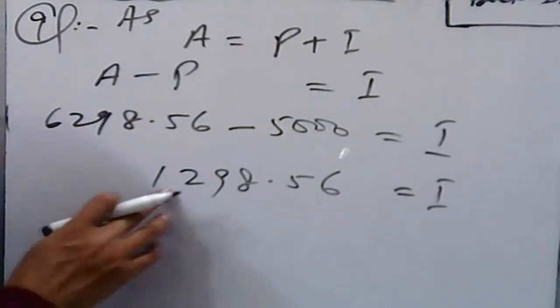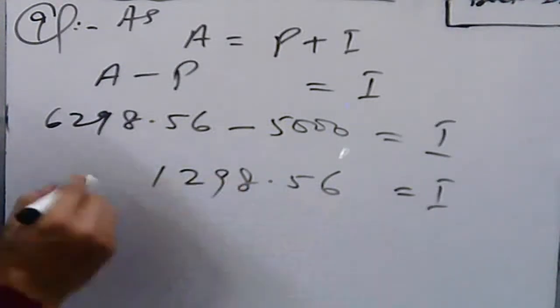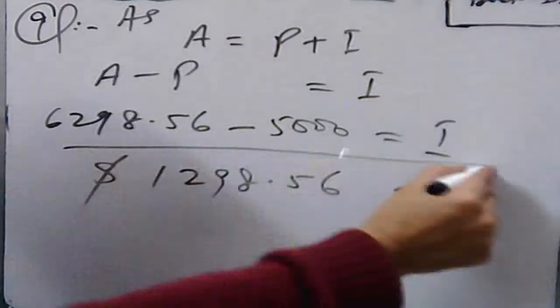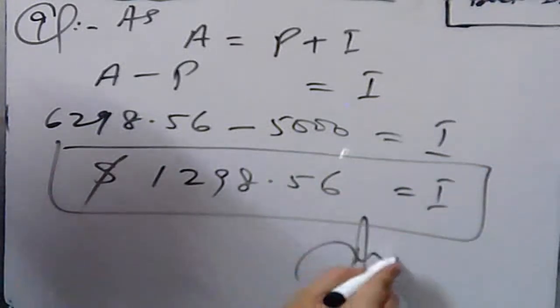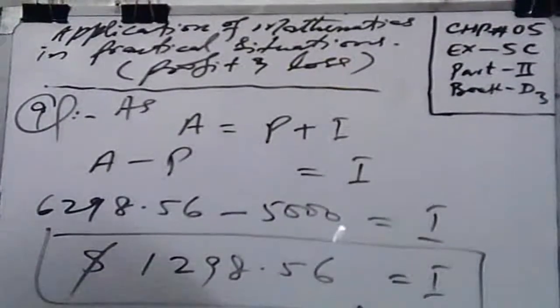Similarly, coming to question number 10, you can see in your textbook, find the compound interest on part A: $450 for 2 years at 10% per annum compounded yearly. Okay, in A part, question number 10.